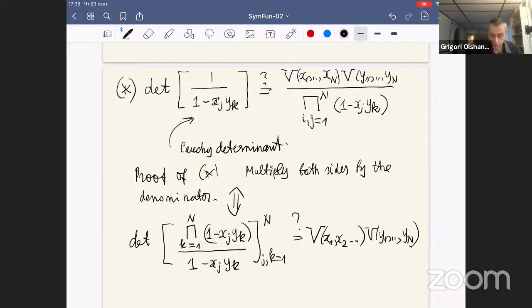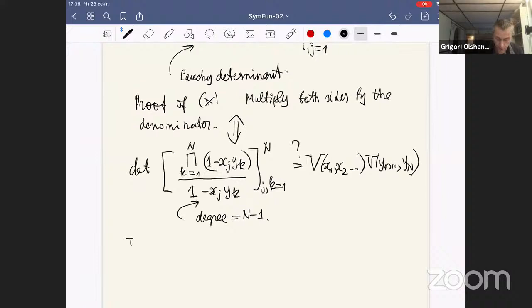And what we get on the left-hand side, we have a matrix with all entries polynomials, because this denominator is cancelled with some factor in the numerator. And what is the degree? The degree of this polynomial is equal to n minus 1.